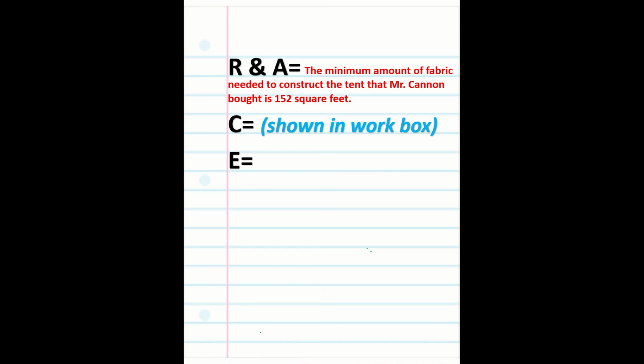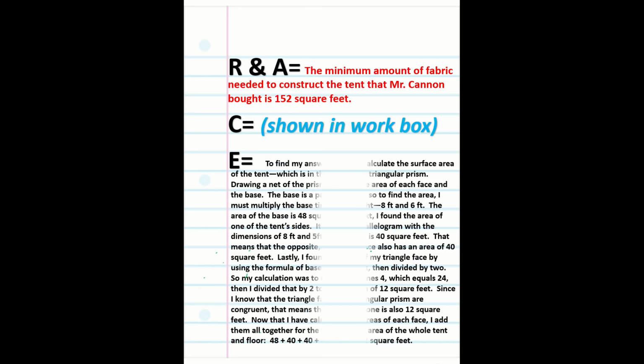So now I'm going to go ahead and explain how I got my answer. And this is where somebody should be able to read your work and know exactly what you were thinking as you did this.